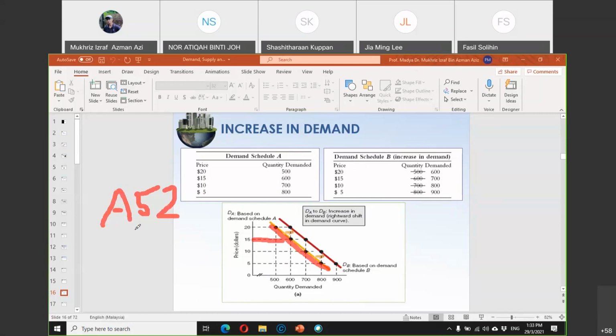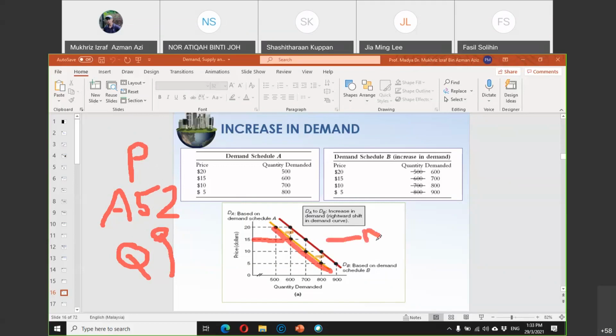What happens along the curve is just the effect of the price of the A52 on the quantity of A52. If the price of A52 changes, the effect is only movement along the curve. It will not cause the curve to shift to the right or to the left.